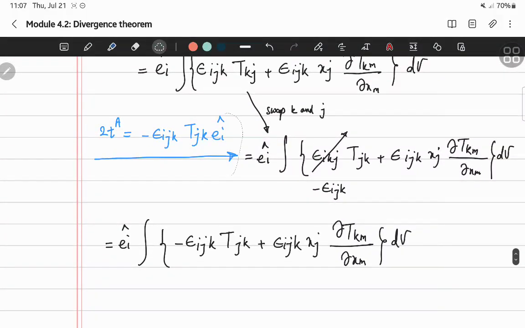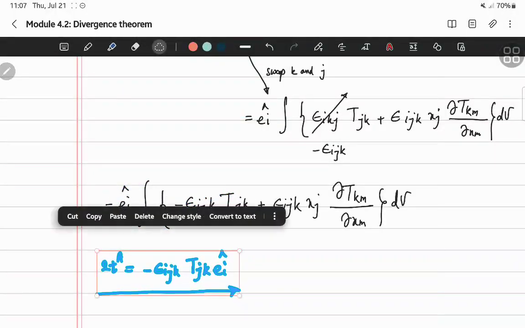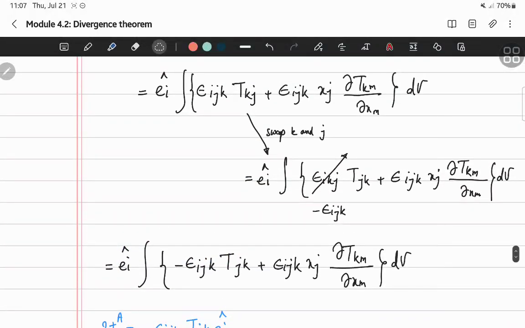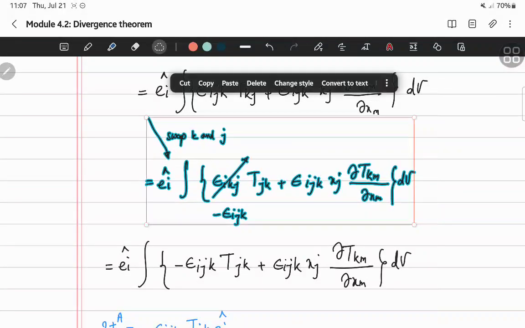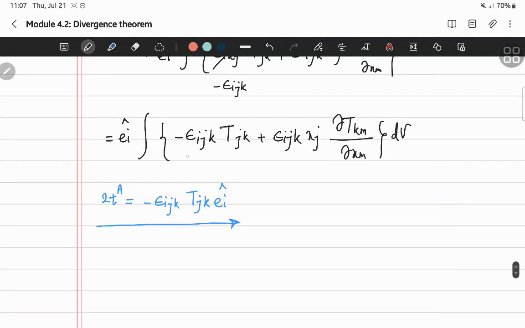So let me just write this down in here. So using this, and if I just shift this a bit here, and we say that we swap k and j only here. So then finally we get this as ei, the integral.